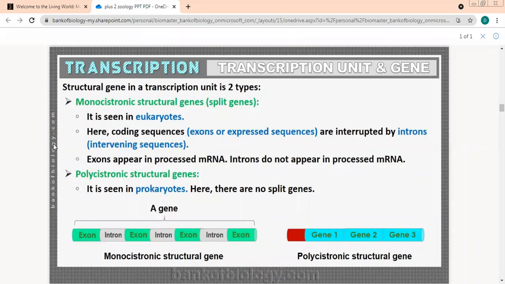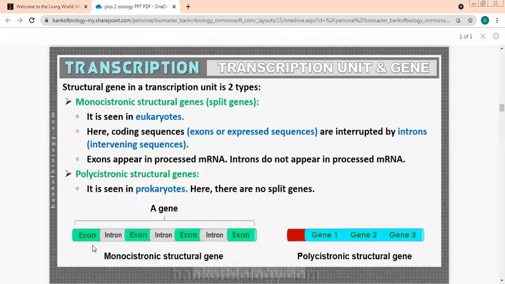What happens here? The coding sequences, exons or expressed sequences, those which express themselves, are interrupted by introns, intervening sequences which cannot express themselves. Please see this. These green ones are exons. These are the sequences which can express themselves.